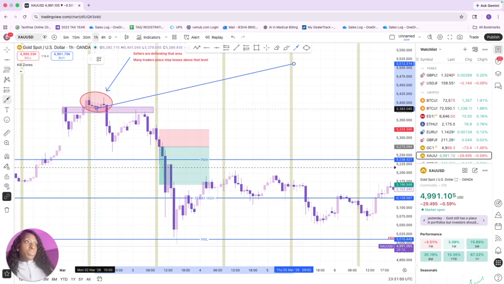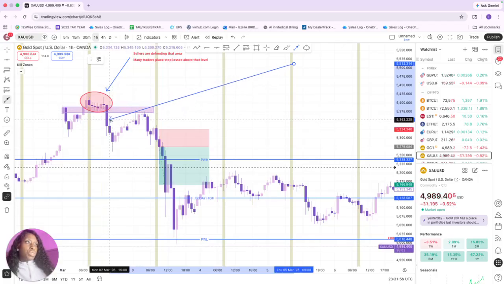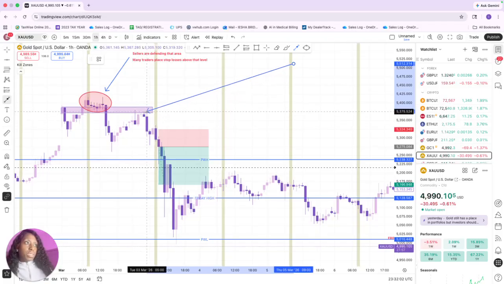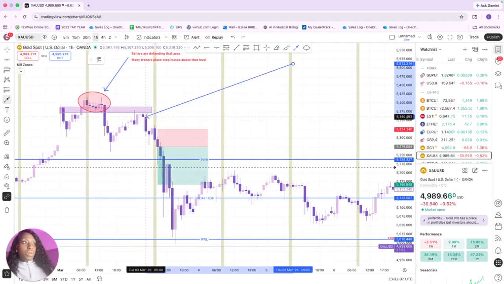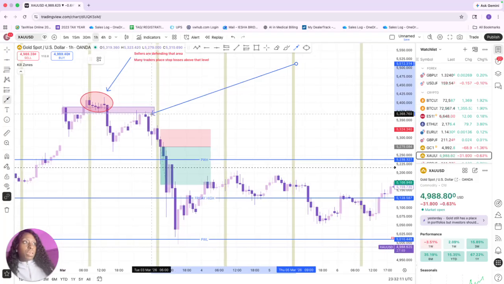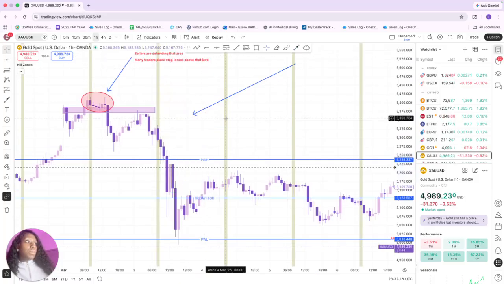This area is being respected. It was a reaction to this area, which pushed the market back down. The sellers pushed price back down, and it pulled back again to this area. So now we are bearish.